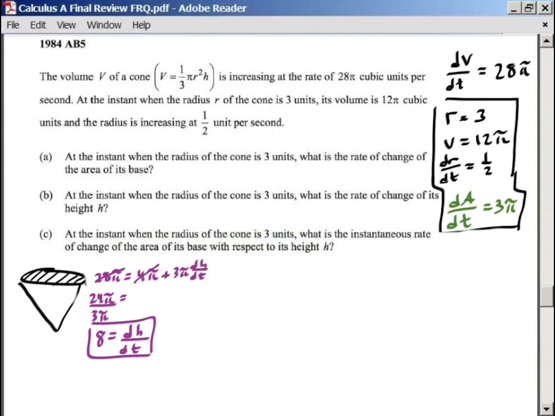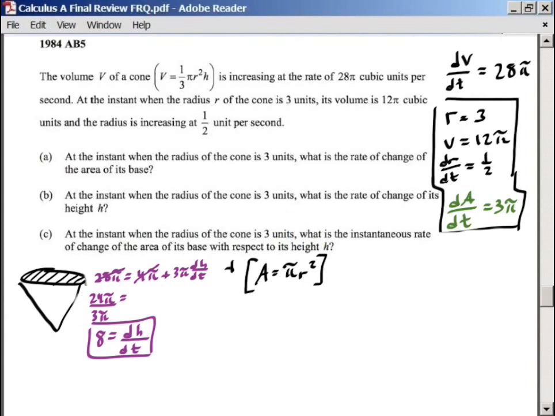Now, if you remember, before we had the area of the base, and that was A equals pi r squared, right? Well, when it says what is the instantaneous rate of change of the area with respect to its height, that would be h.